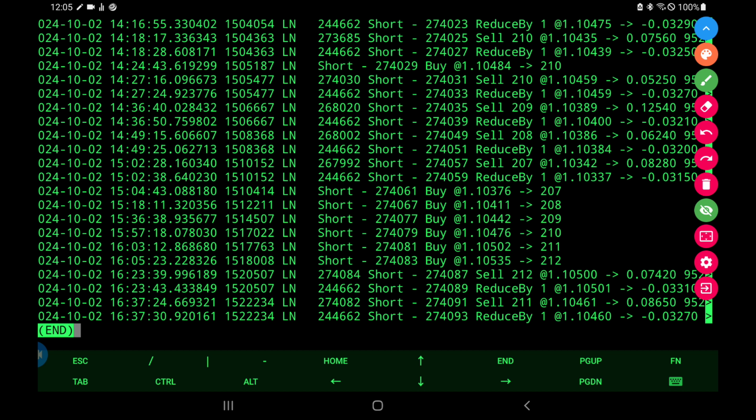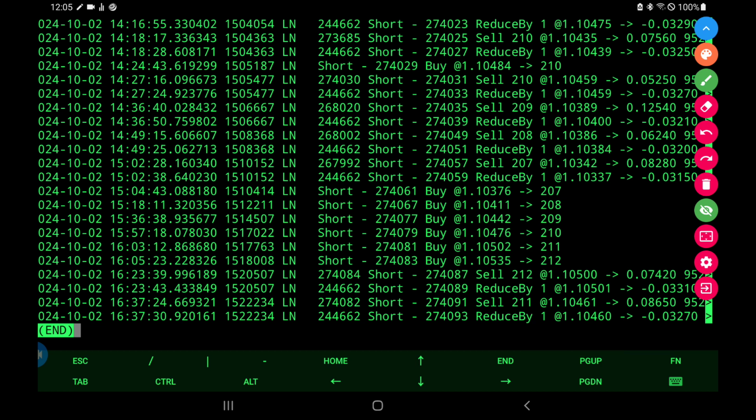Now this is the most recent information from today. And we can see I made a whole string of purchases. These purchases, each unit clearly identified. And then we can see I made a couple of sells. Again, each unit clearly identified.